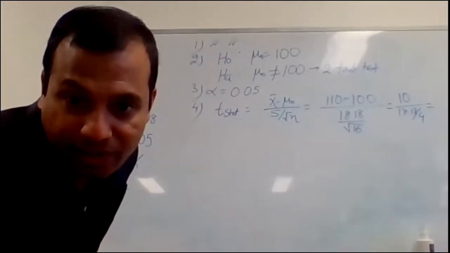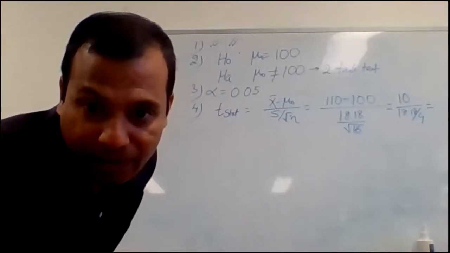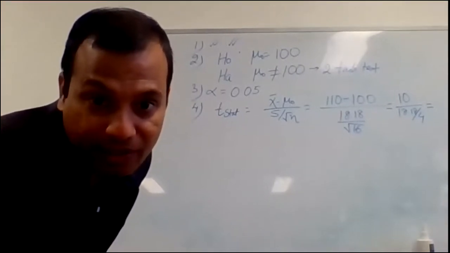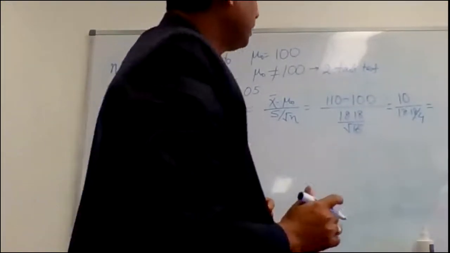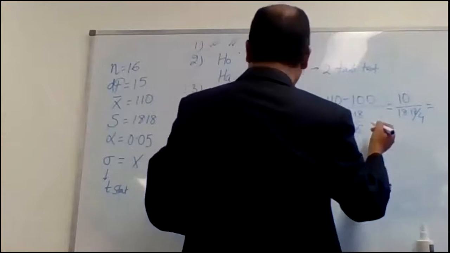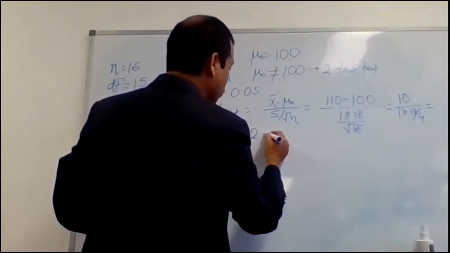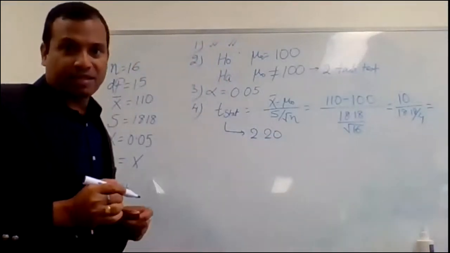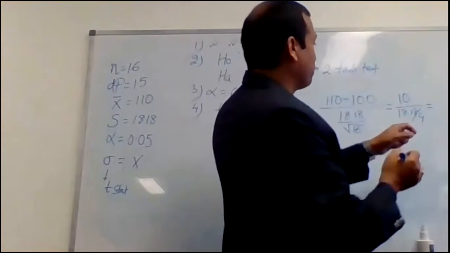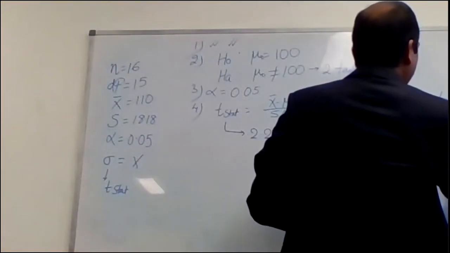Okay, so what is the T stats value? Somebody said it. Okay, let me go through the slides. Yes, 2 point something. I think it's very clear. The T stats value is 2.20. Try to get it. It's an easy sum: 10 into 4, 40, divided by 18.18.